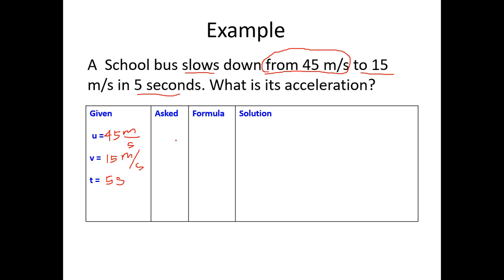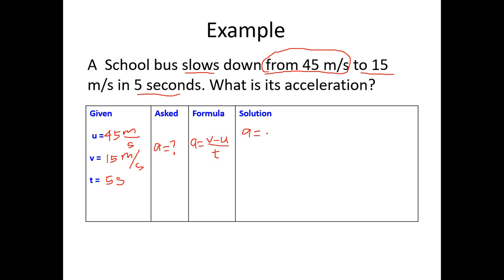So again, what is asked in this problem is finding your acceleration. Now, of course, your formula is still the same. It doesn't change. Your acceleration is equal to v minus u over t. So here goes your solution.